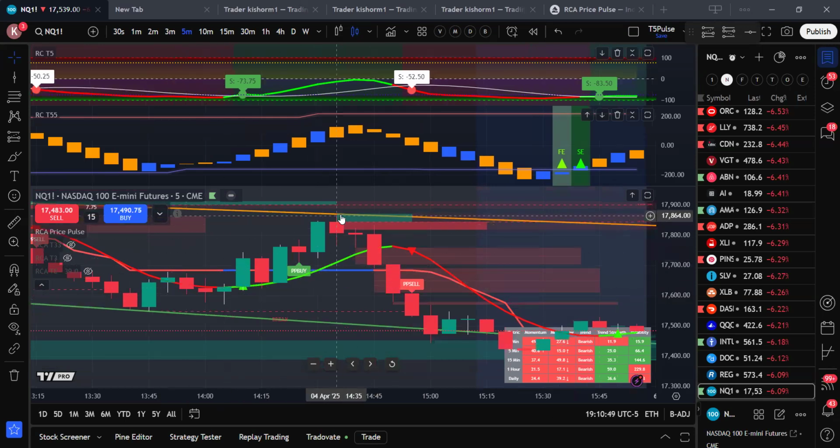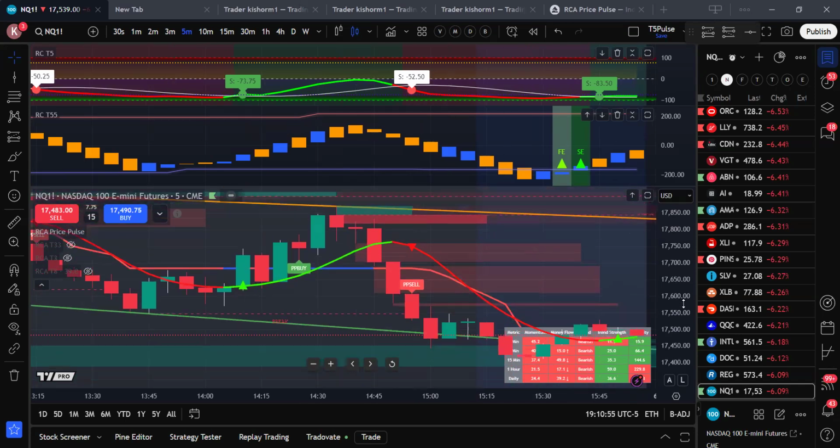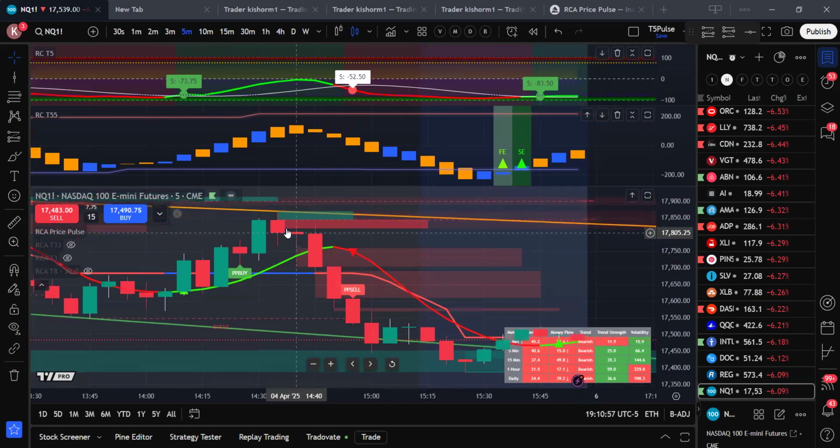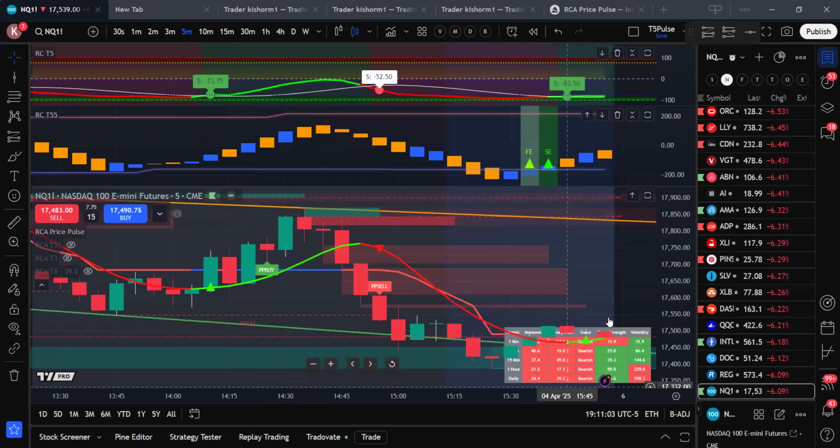If you are entering after looking at all the confluence, you can hold it. If you have two MNQs and you are entering after looking at the confluence, okay, now trend is bearish, it went all the way to the top, you see a green candle changing to a red candle, then you take a trade. Then yes, you can hold the trade.